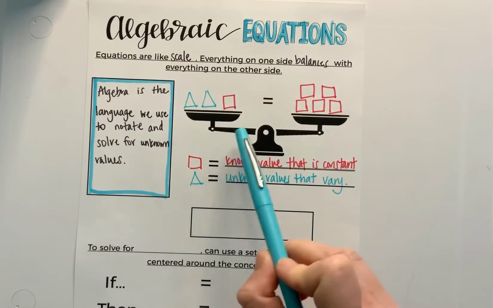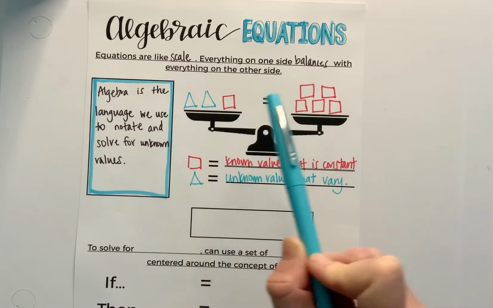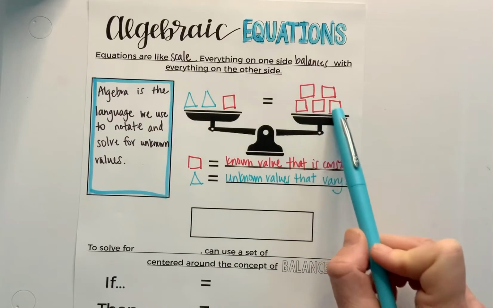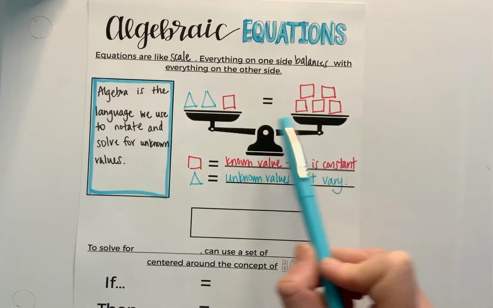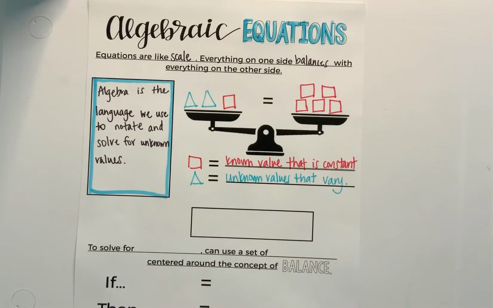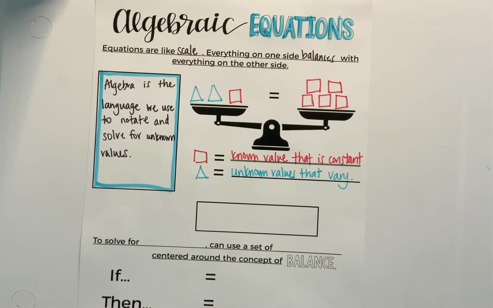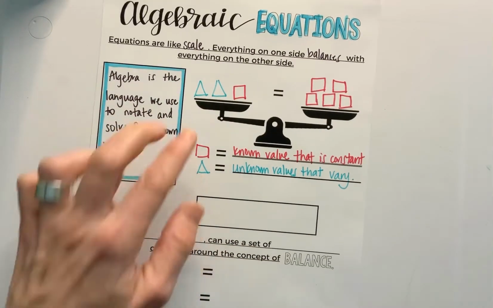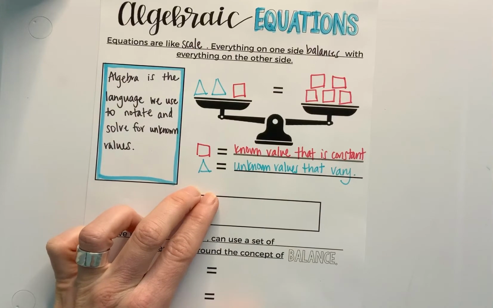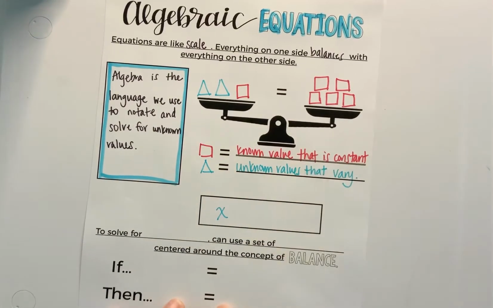All right, so we can take this idea of these 2 triangles and a red cube perfectly balancing with these 5 red cubes, this idea that they have the same value, and we can put it into an algebraic equation. So I can say we have 2 triangles, or 2 unknown values. Now the unknown value, I'm just going to call it an x.